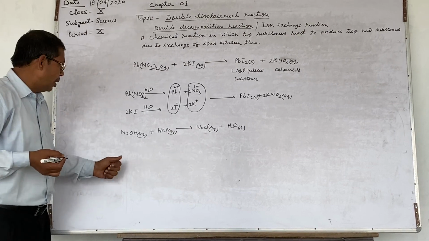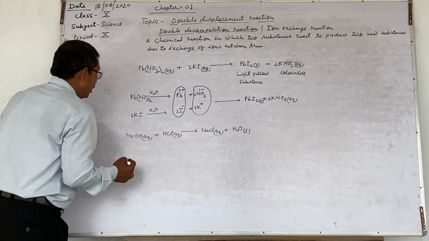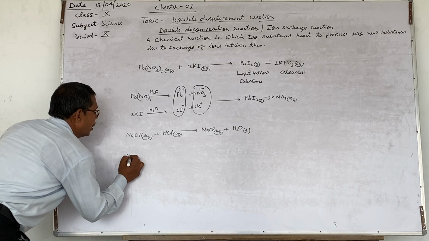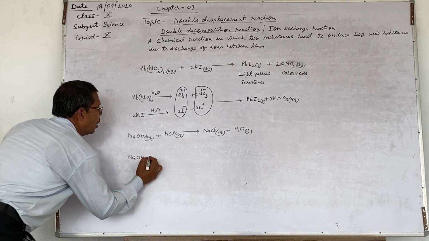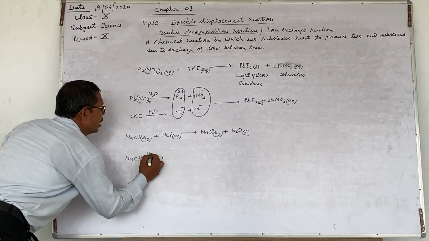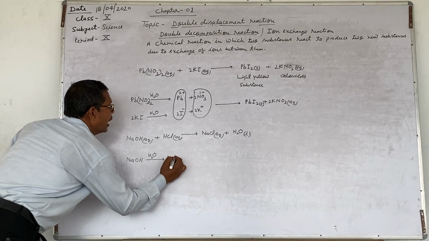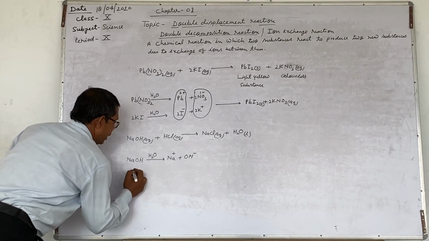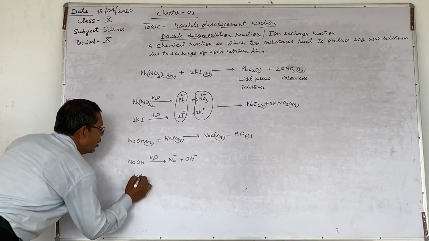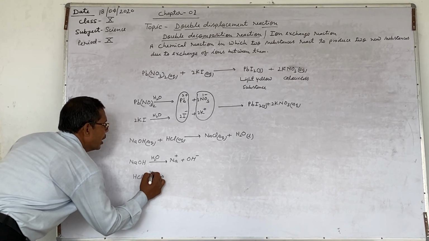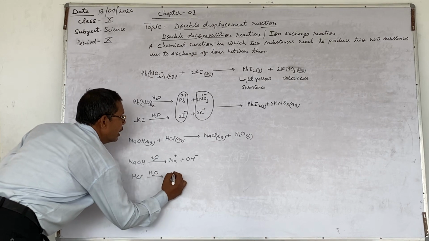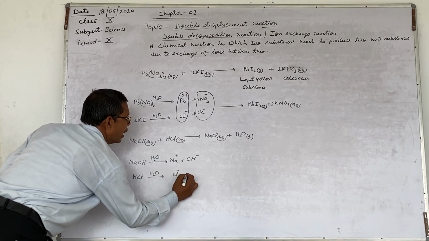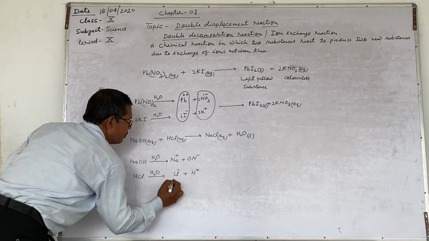Why? Because in water, sodium hydroxide produces sodium ion plus hydroxide ion. In the same way, HCl, when it is added in water, produces chloride ion and hydrogen ion H plus.